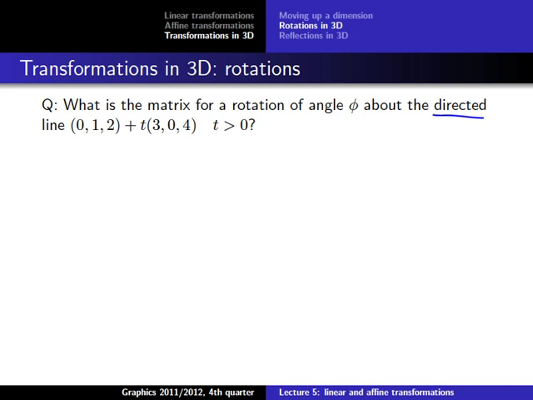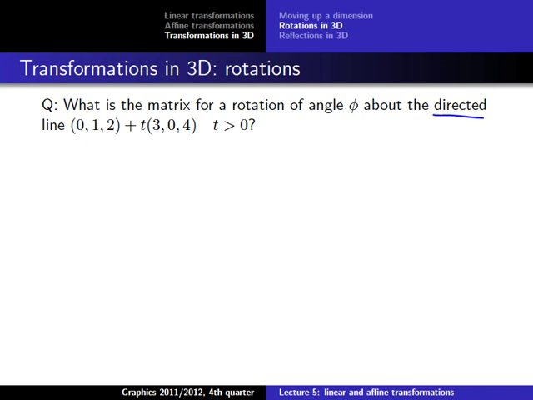So if I have a vector like this and I rotate around it, or if I have a vector like this and I rotate around it, the result is the same because the line it represents is the same, but the way we're doing the calculation, the direction of the vector is important, and that's why it is called a directed line here.